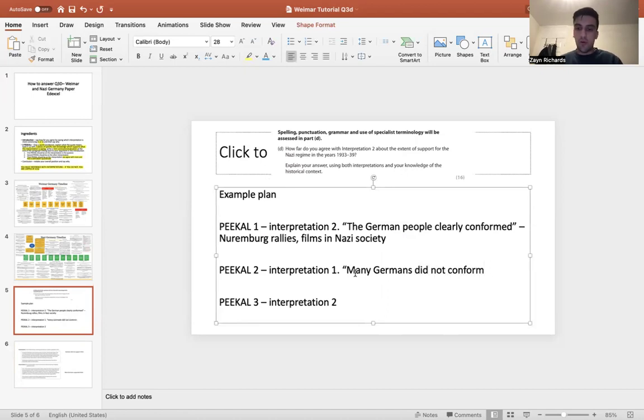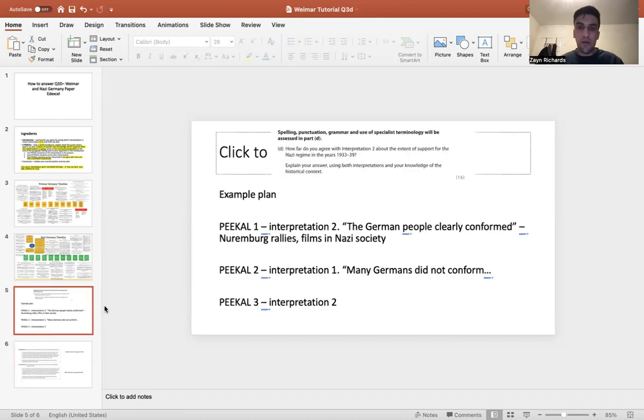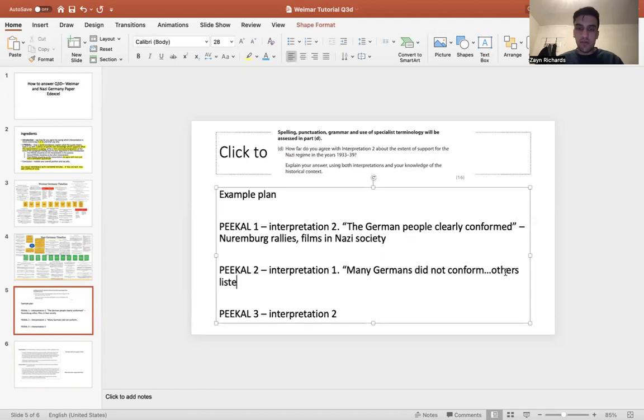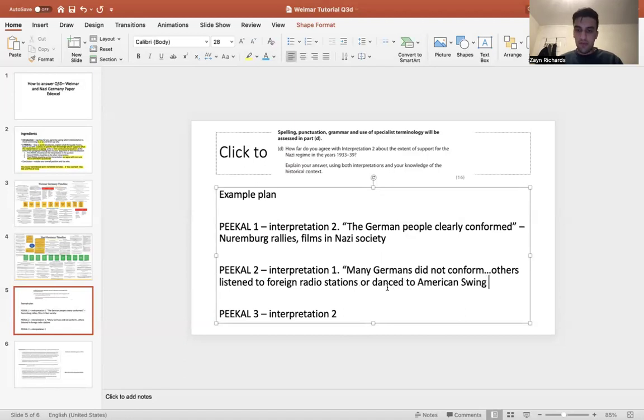And then if you want to do a quote from later on, the way you do is you just put ellipses in like that. And then I put while others listen to foreign radio stations or dance to American swing music. Okay.